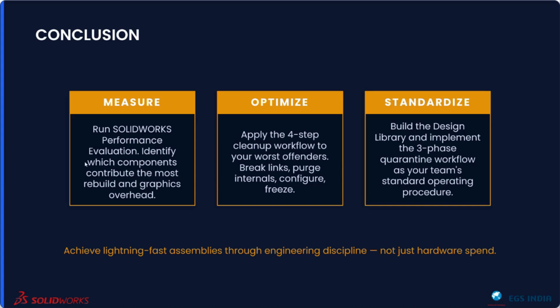The next step, once you find out which components are the root causes, is to optimize them with the 4-step cleanup that I just showed you. That is break links, purge internal components, configure, freeze, etc. So that will be the 4-step cleanup workflow. Once you optimize it, you standardize it with your design library across your entire team. So these are the three major steps to a simple way to complete your top level assembly over here.